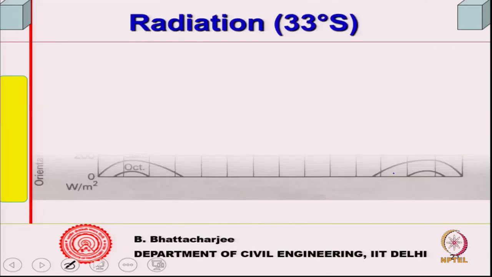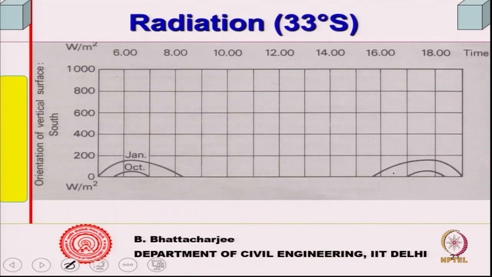So, that is how the radiation pattern is on east and west, and the north surface, I mean the south surface at 33 degrees south receives only a small amount of radiation during the summer period, because the day is long. So, the sun rises slightly beyond east, that is somewhat a little bit on the south in case of the southern hemisphere, in the northern hemisphere slightly in the north.